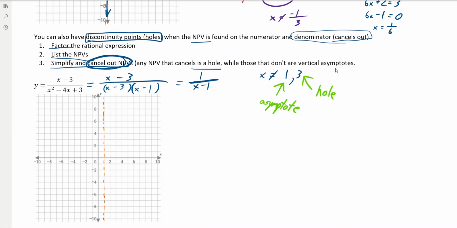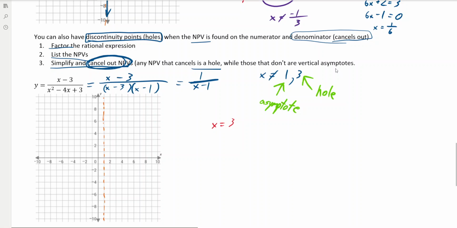Let's go ahead and just see, based off of the original equation, y equals 0 if x equals 3. So it'll be here, okay, but that's a hole.